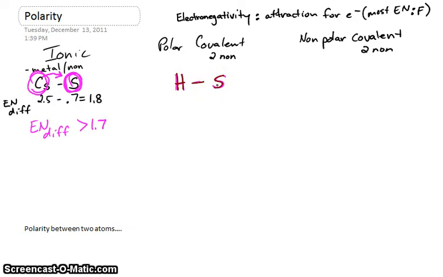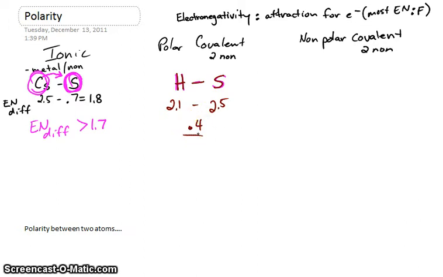Okay. So hydrogen and sulfur, the difference in electronegativity. Hydrogen has an electronegativity of 2.1. Sulfur has an electronegativity of 2.5. So the difference is 0.4. Now that's not big enough to be ionic.